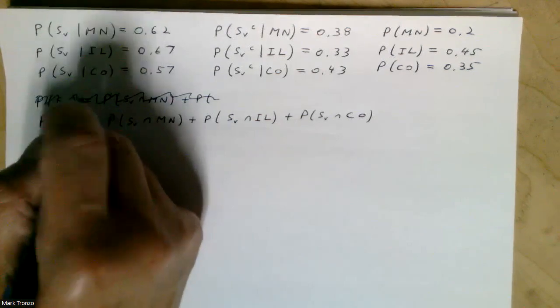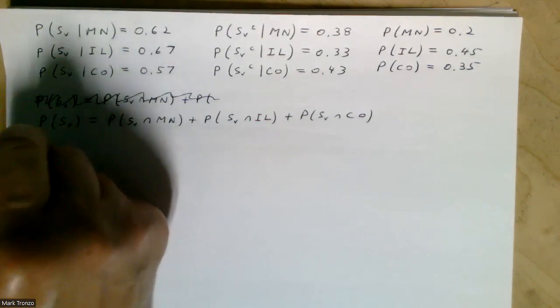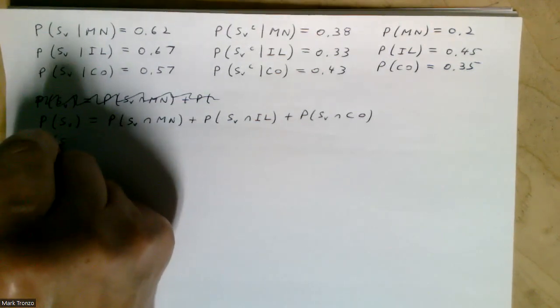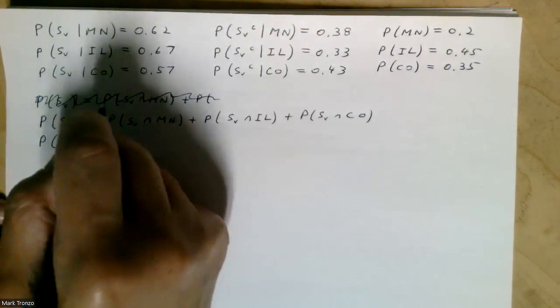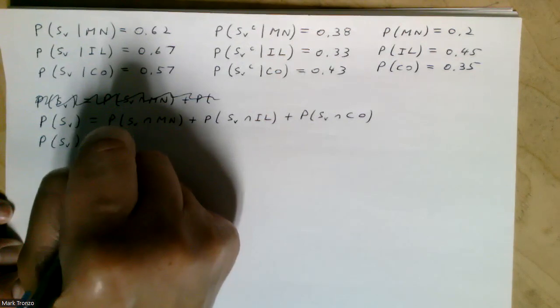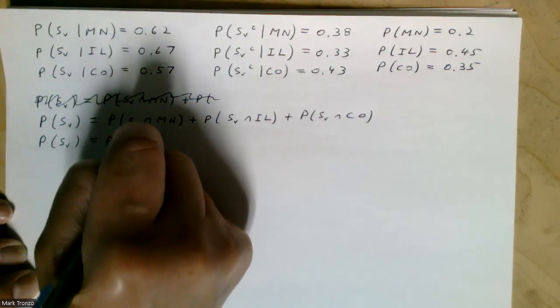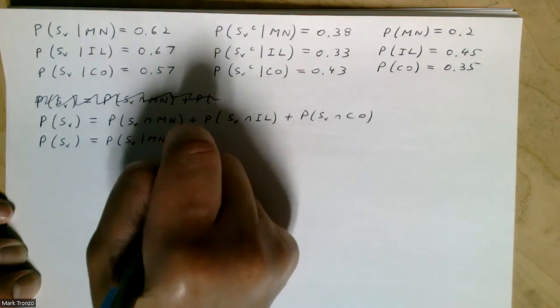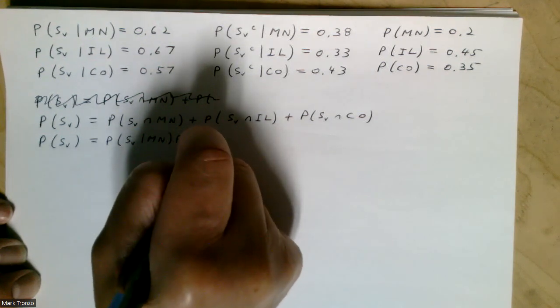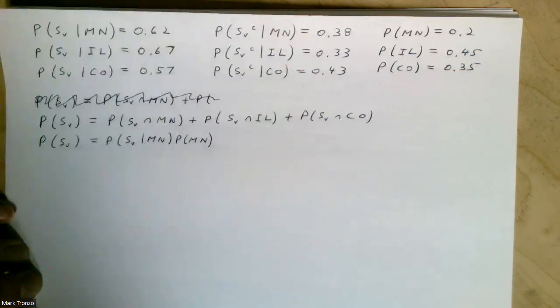And once again, just like we did a few minutes ago, we can rewrite this as probability of SV given Mn times probability of Mn.